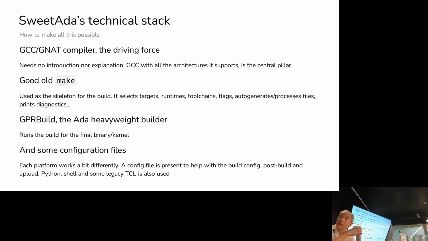It is meant also to be used without complicated tools. Basically, SweetAda is a build system which is based upon GNU Make. There are two build modes, one with GPRbuild and one with the classic GNAT Make, which is included in the standard toolchain of the FSF.